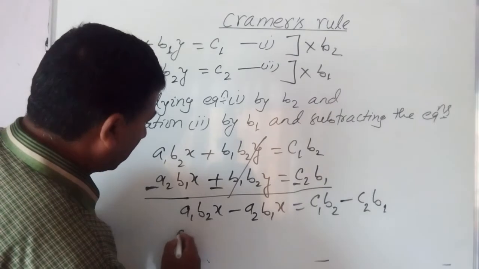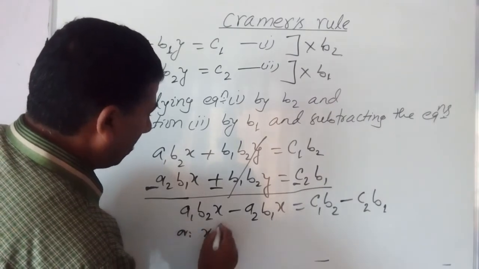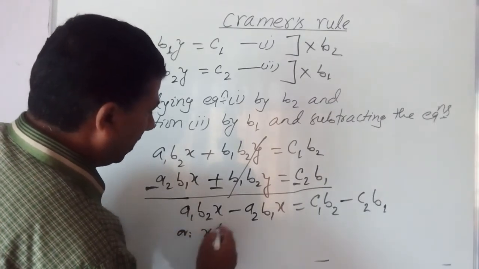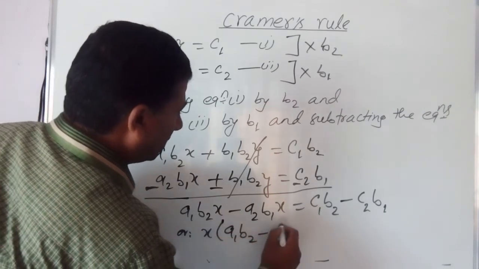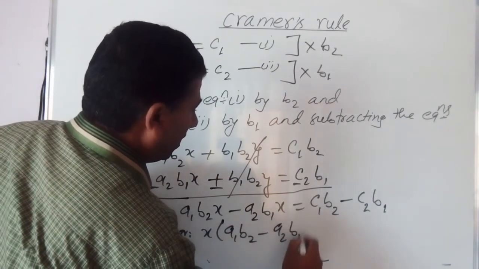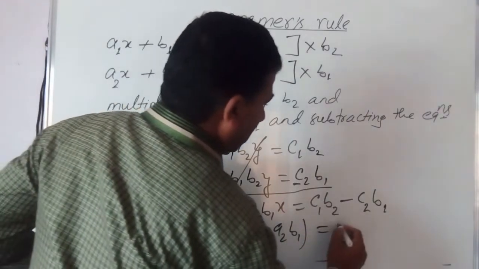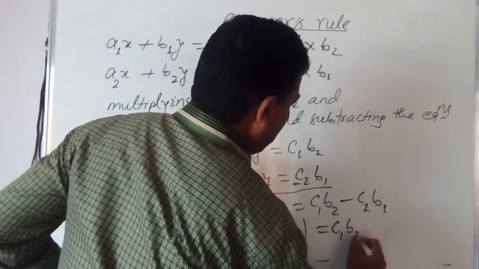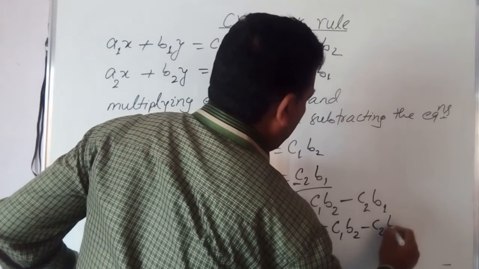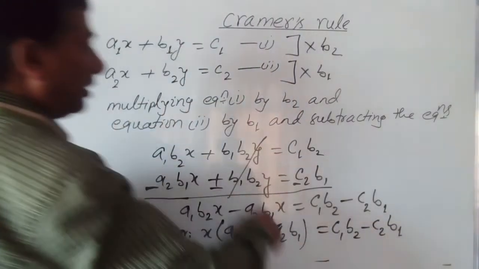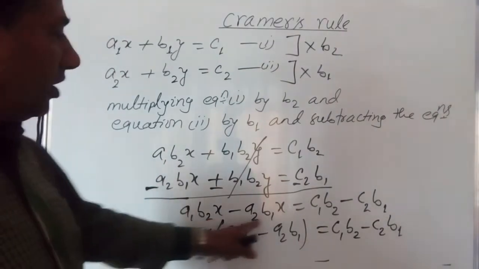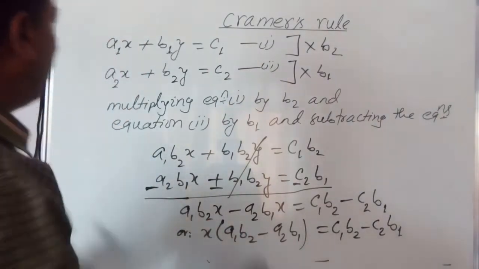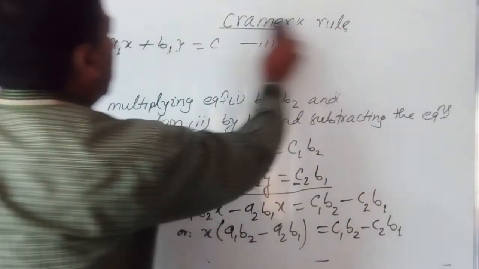After taking x common, the remaining is a1 b2 minus a2 b1. On the right hand side there is no change, I do not take anything common, I write it the same. Now there is no issue, from here we took x common.